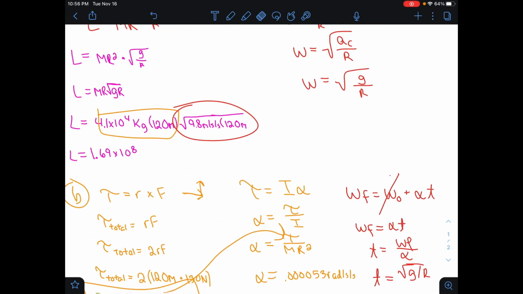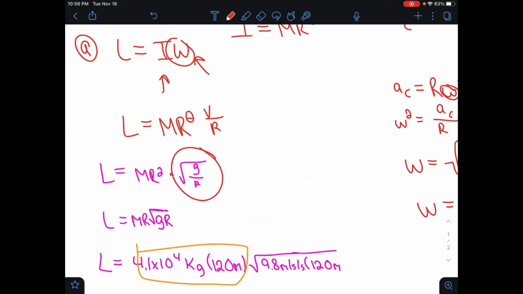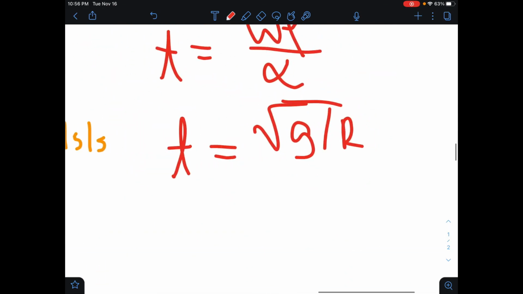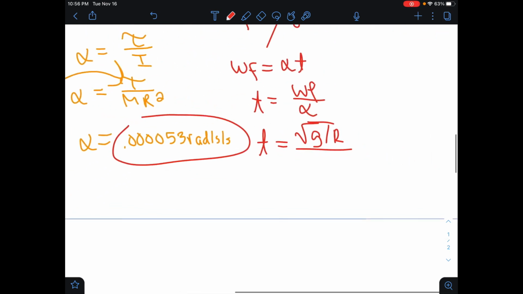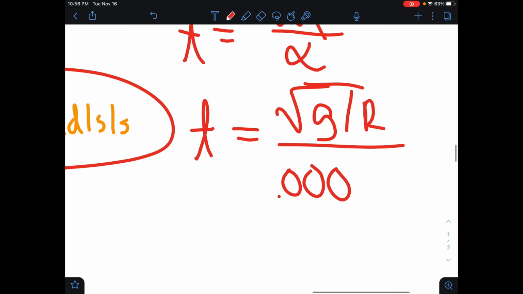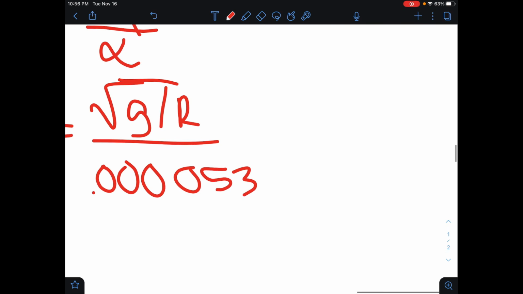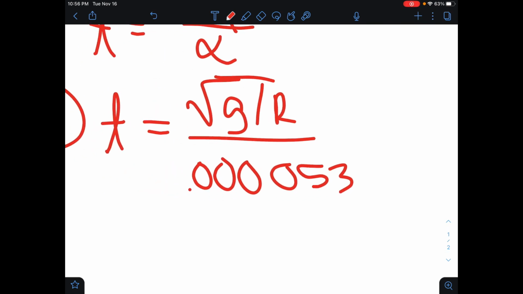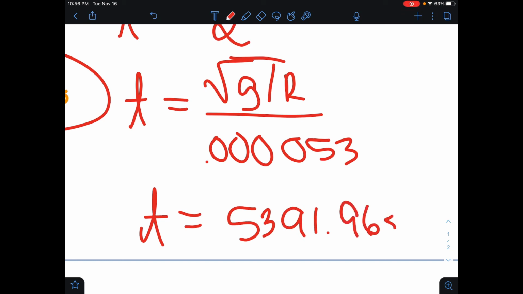It's not this, it's this, because we simplified to get here. Over our this value. I'll write it out again. G is gravity again. Radius is just the radius, which is 120. So our time should come out to be 5391.96 seconds.